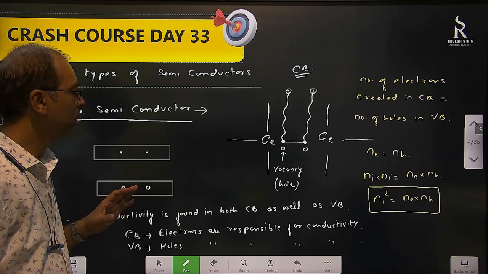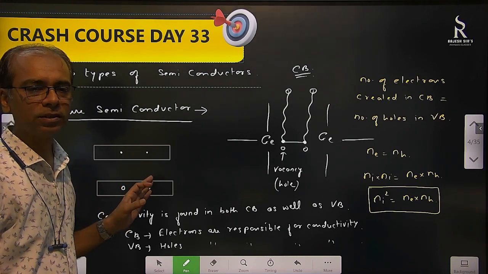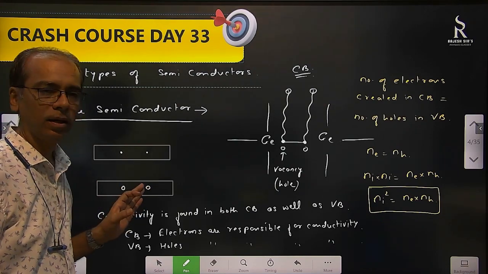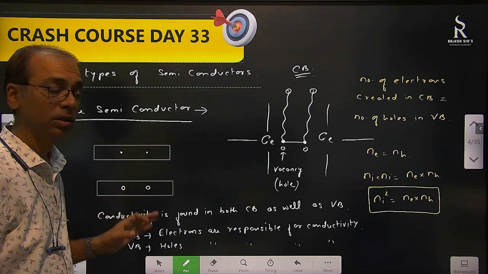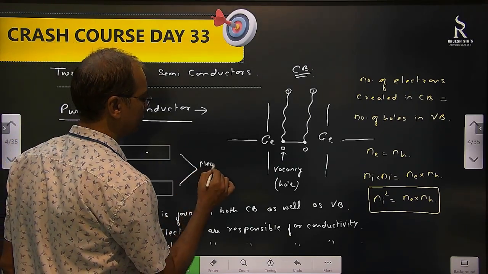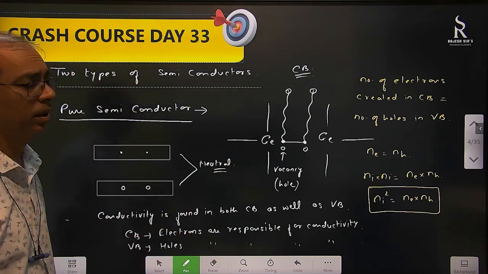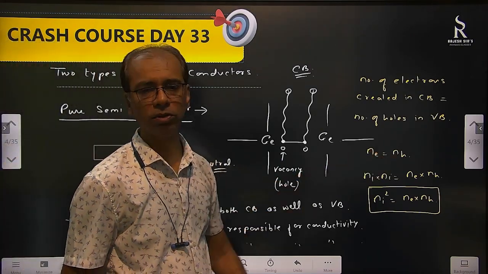So still this is one crystal only. In this crystal, is any charge there or is this neutral? It's neutral, still neutral. And still here we are saying Ne equal to NH also.